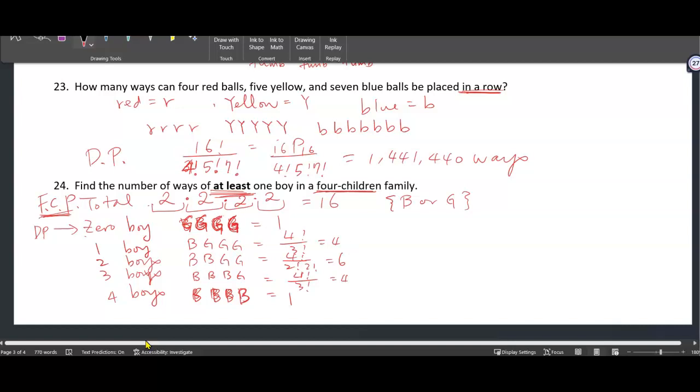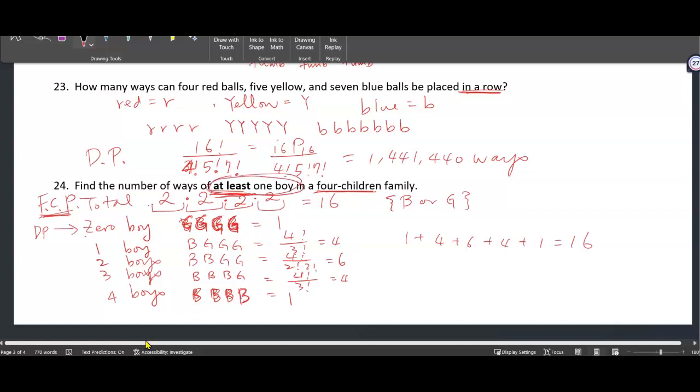And so we'll have 4 of the 1 boy choices, 6 of the 2 boy choices, 4 of the 3 boy choices, and 1 of the 4 boy, right? So if you add 1 plus 4 plus 6 plus 4 plus 1, it does give you the total of 16, right?